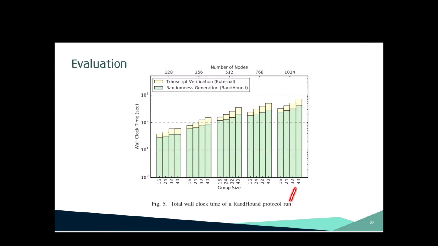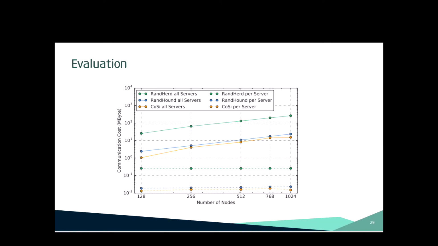In this graph, randomness generation and verification take roughly 290 and 160 seconds. This one and this one. This graph compares communication bandwidth costs for CoSi, RandHound and RandHerd with a varying number of participants and fixed group size 32. The straight line depicts total cost, while the dashed line depicts average cost per participating server.